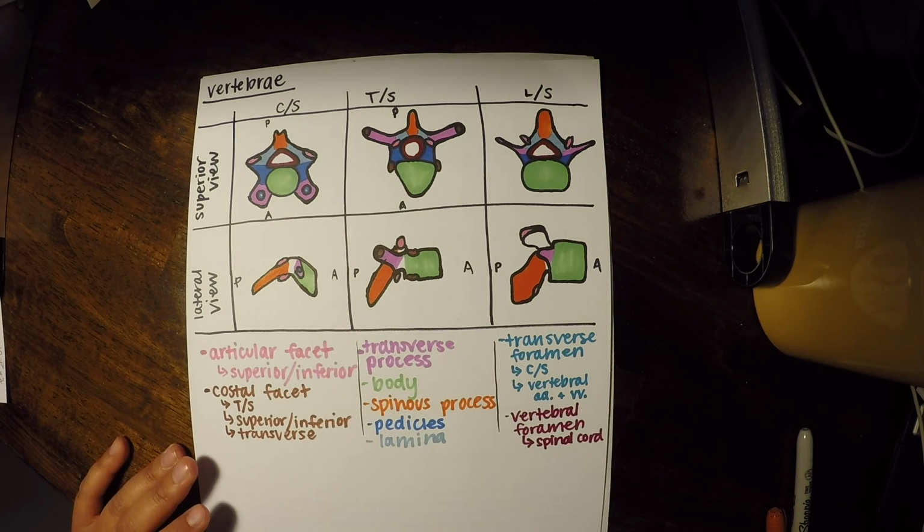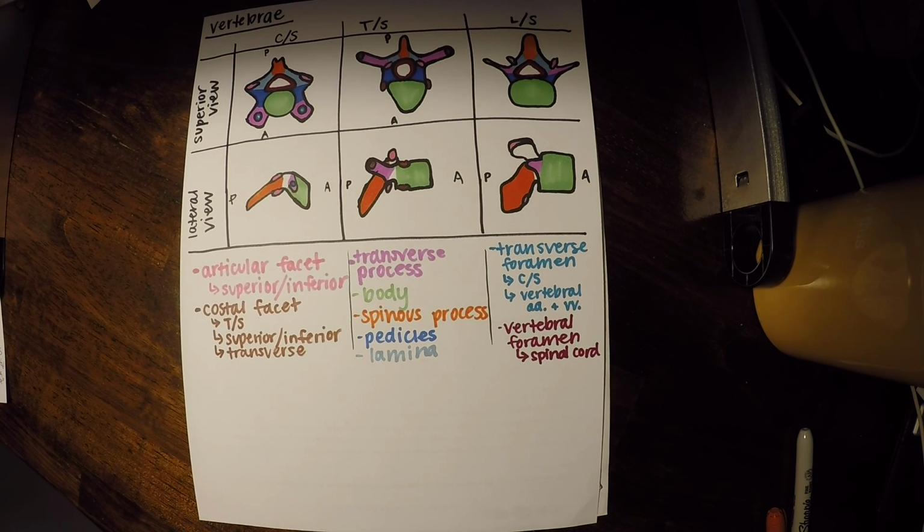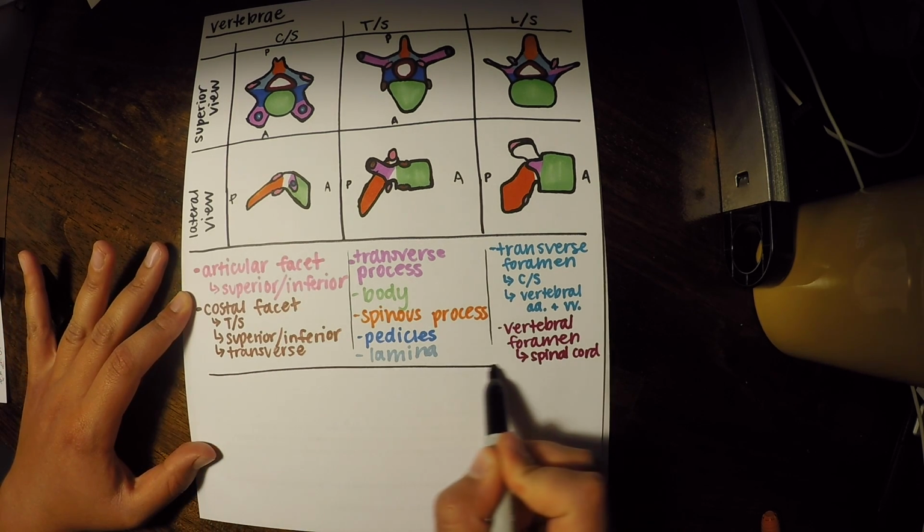Now, we have two vertebrae in the cervical spine that are a little bit different than these ones drawn here. So I'm just going to make a note of those. We're going to actually draw them out below. So I'm going to create a little line here.